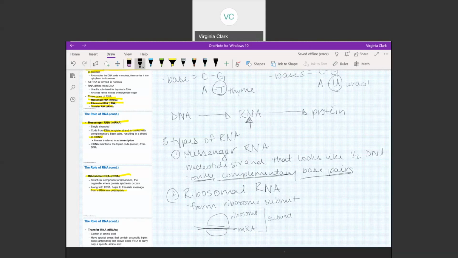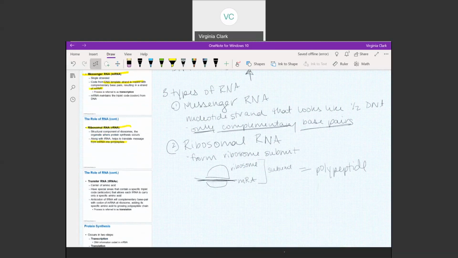When I put these things together, I am going to end up getting a polypeptide. So with the ribosomal RNA, the big thing to take away is that you're going to surround your mRNA strand with a ribosome. When you put those two together, you get the ribosomal RNA subunit. This is what's going to lead us to that polypeptide.